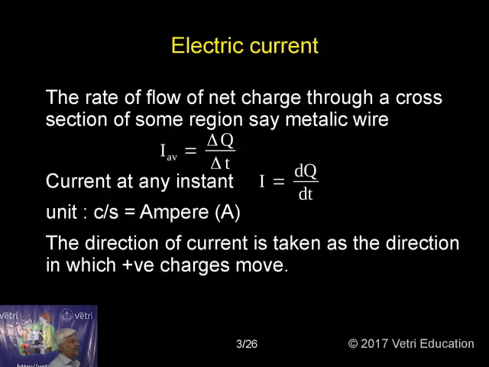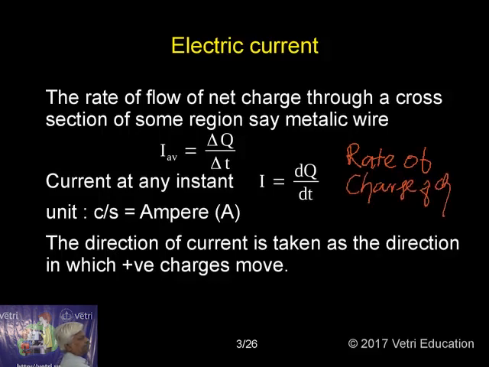In general, we can write that it is nothing but the rate of change of charge. That means the charge flowing through the conductor divided by time will give current.